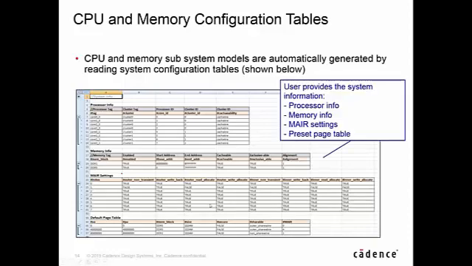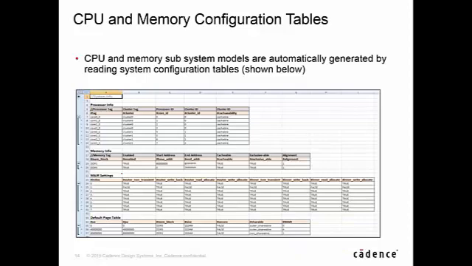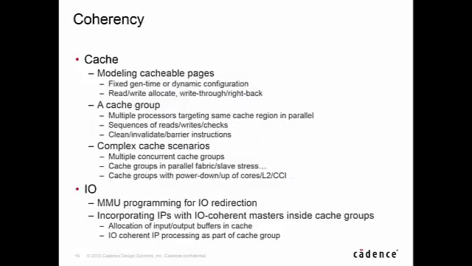Okay. So this is where the user comes in and in a table form basically provides all this information, gets it all set up, and then that can be used in going out and actually doing the cache testing.